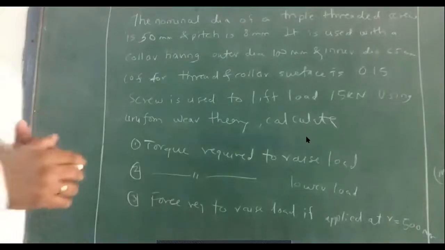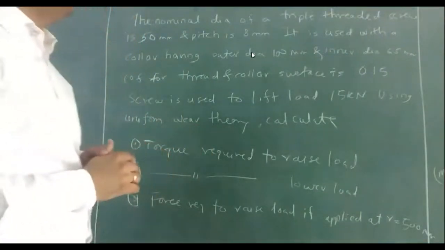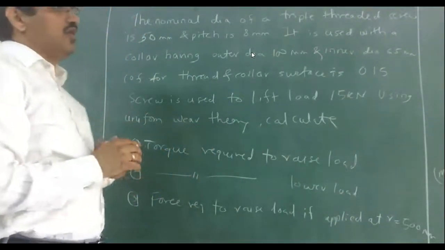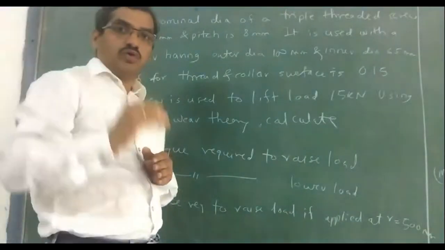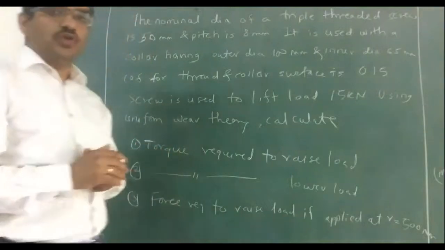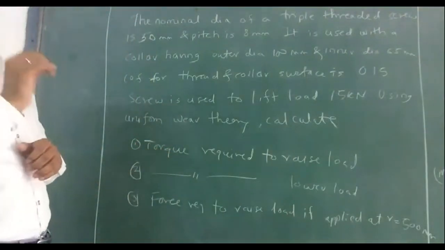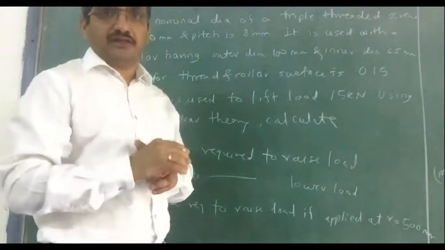When we are using power screws or square threads to raise or lower a load, the torque required is W into dm by 2 tan (phi plus alpha) to raise the load. And to lower the load, the same formula will be there, but the sign will be negative, that is W into dm by 2 tan (phi minus alpha), right?